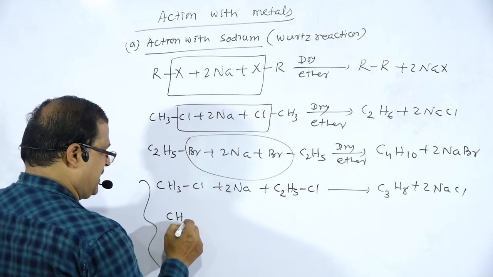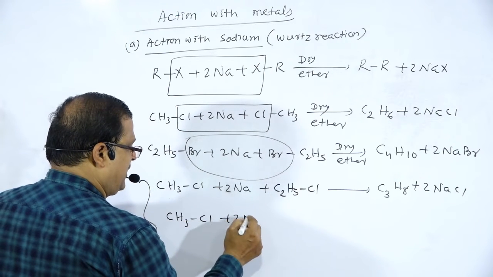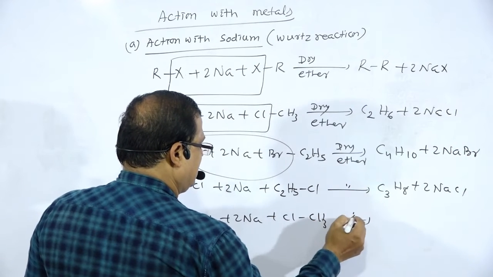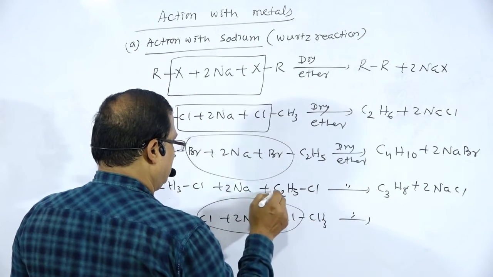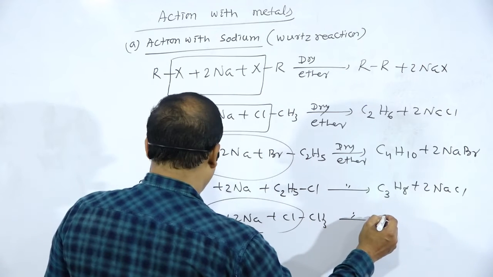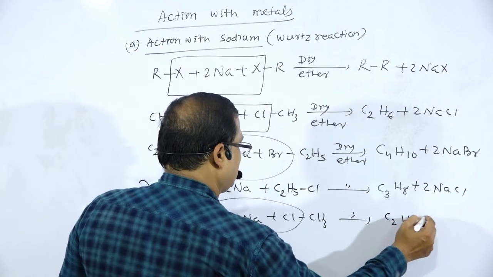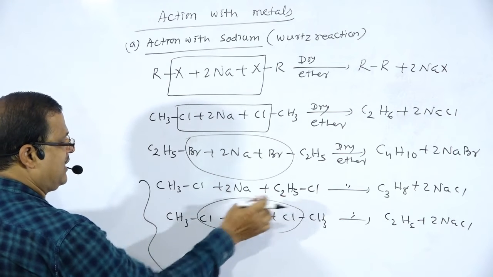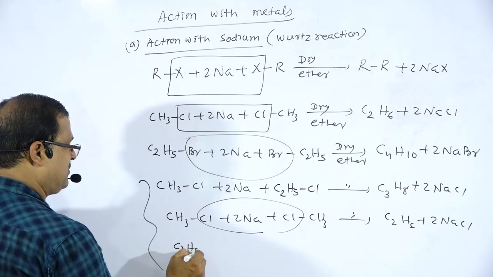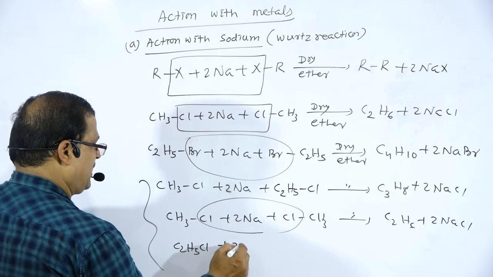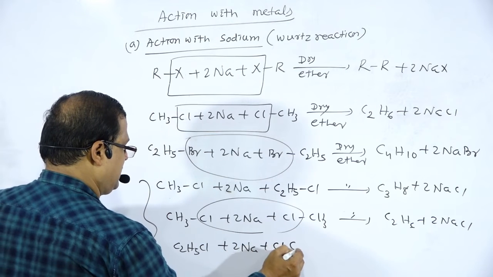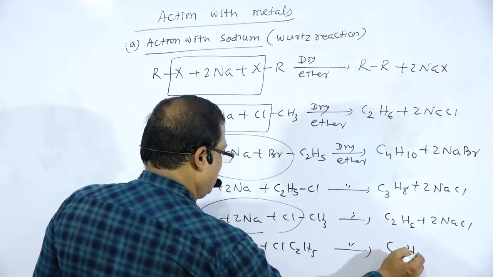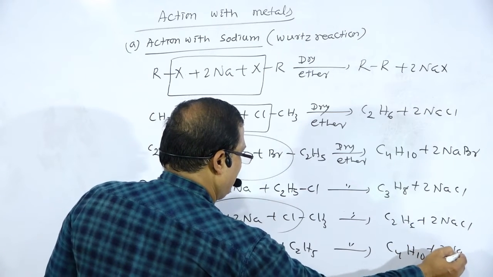Similarly, CH3Cl plus 2Na plus ClCH3 in the same dry ether combine to form C2H6 plus 2NaCl. Again, C2H5Cl plus 2Na plus ClC2H5 in dry ether gives C4H10 plus 2NaCl.